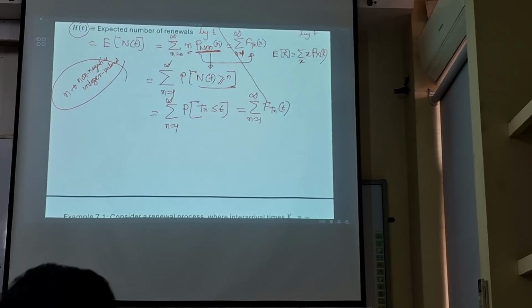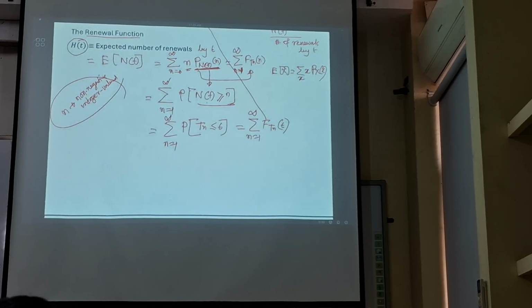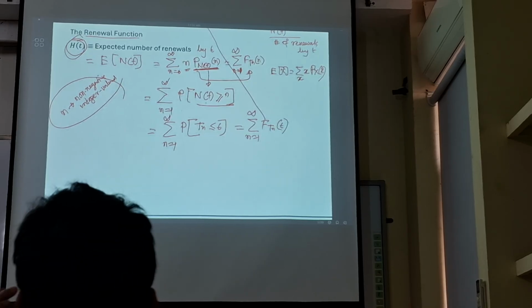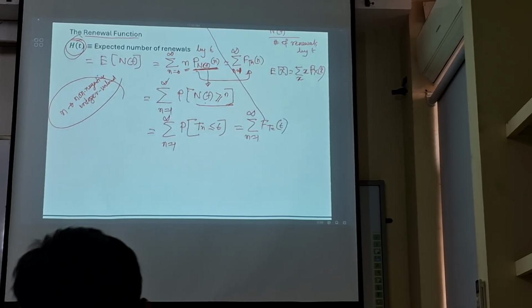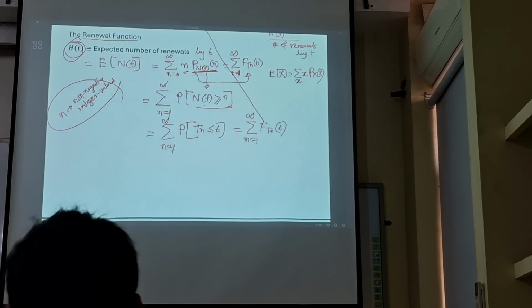So by summing the CDF, we can calculate the expected number of renewals. That's what we call the renewal function. So if you know the CDF and you need to calculate the expected number of renewals that occur by time t, then you can easily do it.